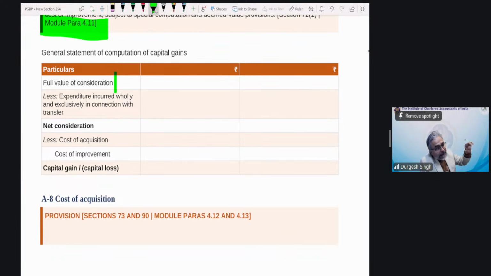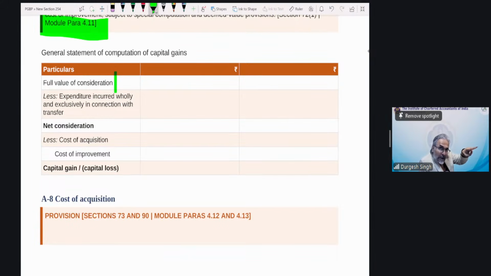In computing the income under the head PGBP or IFOS, you start at a threshold level, and the threshold level is net profit or the income as per the books of accounts or as per the commercial accounting principle.